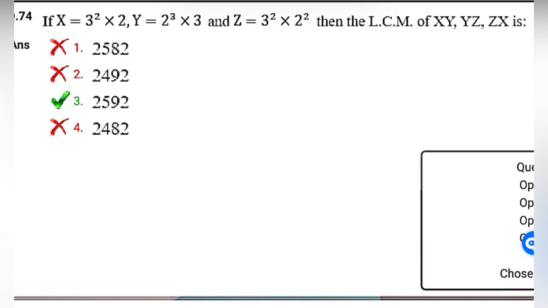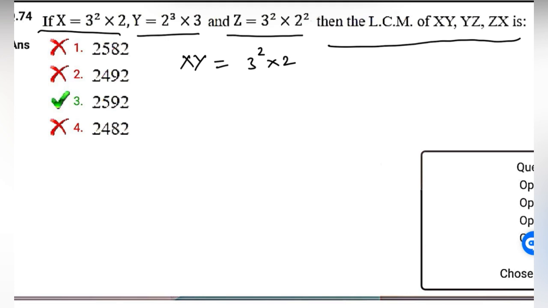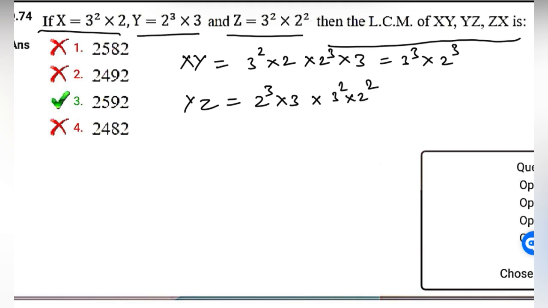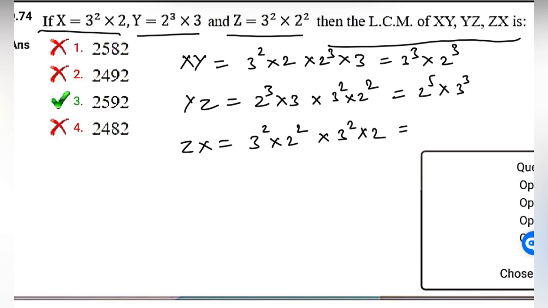If x equal to 3 square into 2, y is equal to 2 cube into 3 and z equal to 3 square into 2 square, then the LCM of xy, yz and zx is? xy is equal to 3 square into 2 cube into 3, which is equal to 3 cube into 2 cube. yz is equal to 2 cube into 3 into 3 square into 2 square, that is equal to 2 power 5 into 3 power 3. zx is equal to 3 square into 2 square into 3 square into 2, which is equal to 2 cube into 3 power 4.